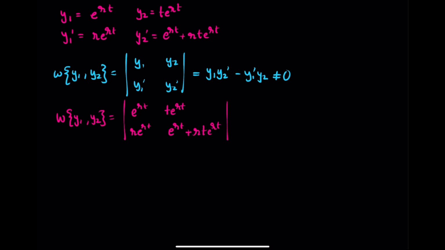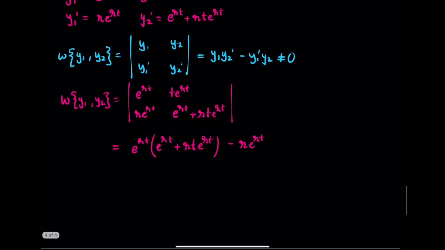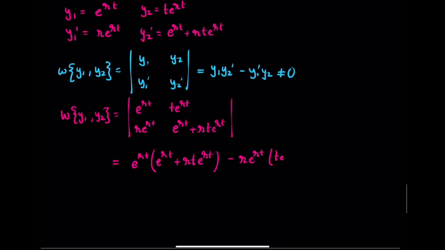And then we can rewrite this as y1, e to the rt, times e to the rt plus rt e to the rt, minus y1 prime, which is r e to the rt, times y2, which is t e to the rt. This does not equal 0.